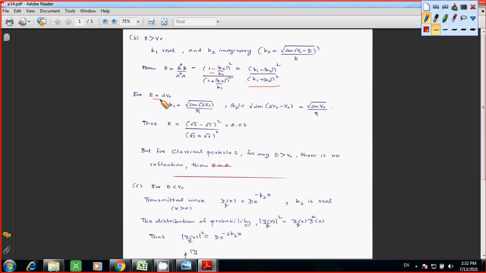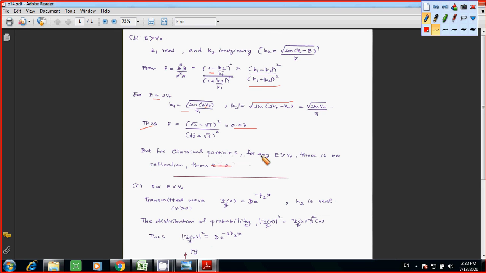Now for E equal to 2V0, this is your K1, and your K2 is 2m times E minus V0. So you end up with square root of 2mV0 over h bar. Thus R equals 0.03.